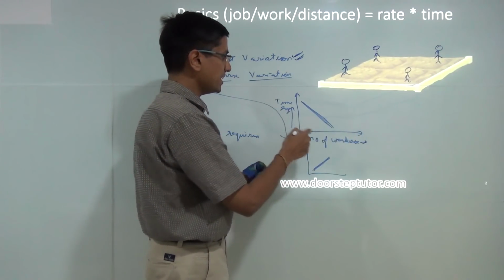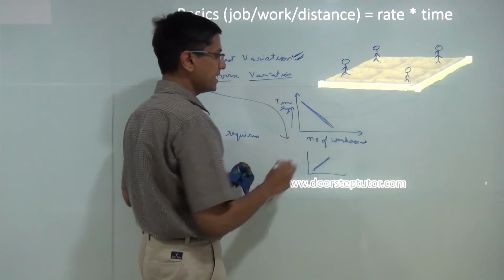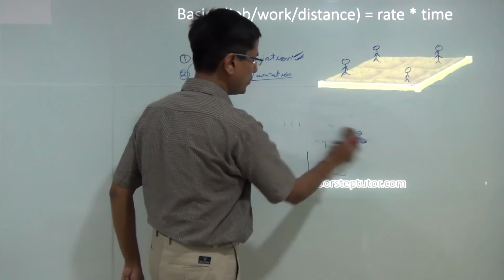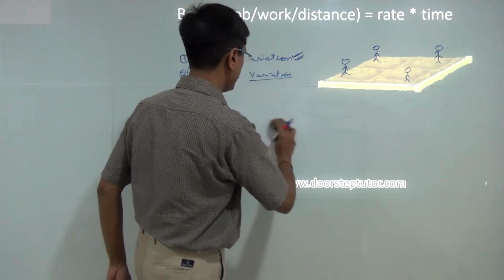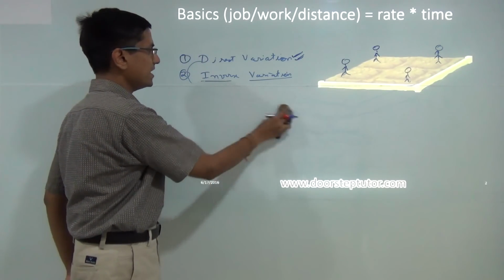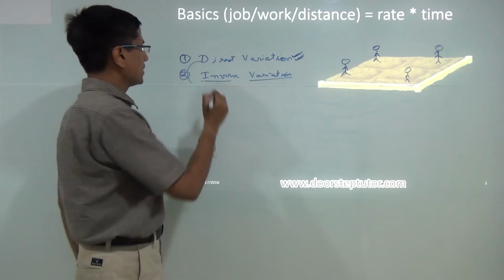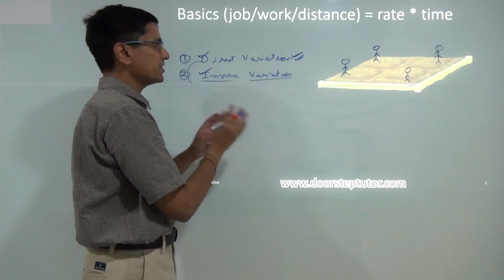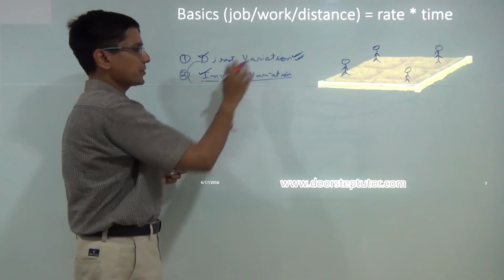So that relationship cannot be represented using a straight line. We'll see it with an example later on. But for now, the only thing I want you to remember, the only thing that we need to solve these rate related problems, is understanding direct variation and understanding inverse variation or inverse proportion.